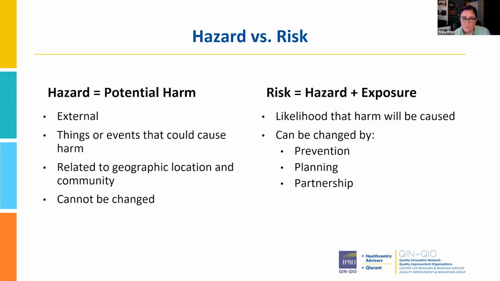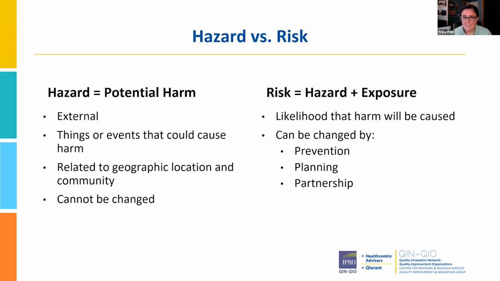The hazards are things that you cannot change. Now, the risks can be changed, and the risk is the hazard and your exposure to it. So you can actually change your risk by minimizing your exposure to it. And that is done 3 ways: through prevention, planning, and partnership.